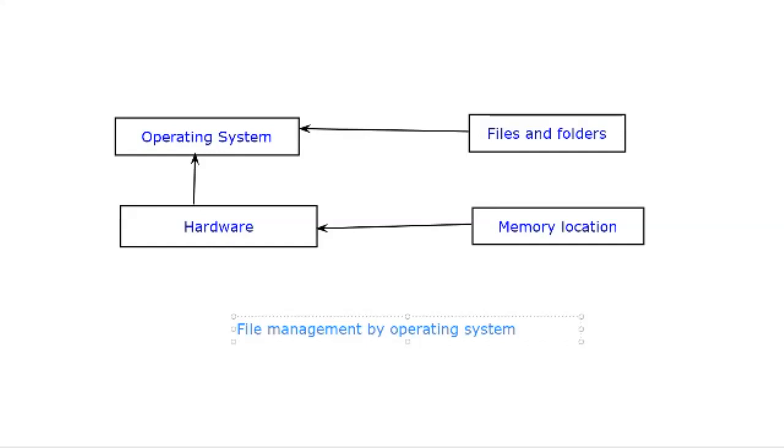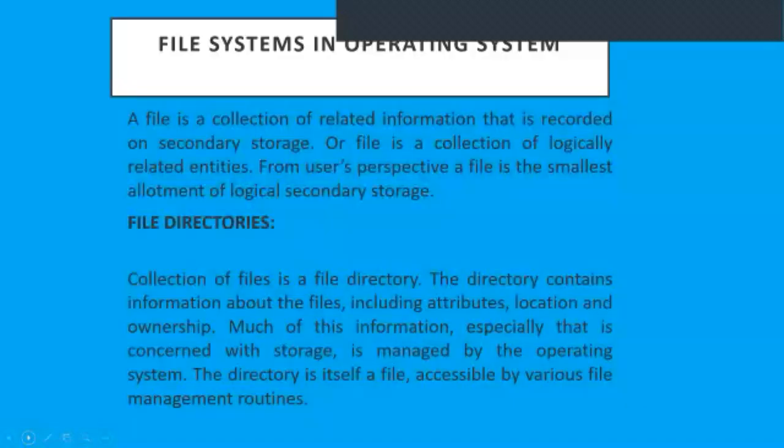So let me again start. Again go to the slide which I was sharing. Can anybody tell me the definition of file directory? What do you mean by a directory in a file?